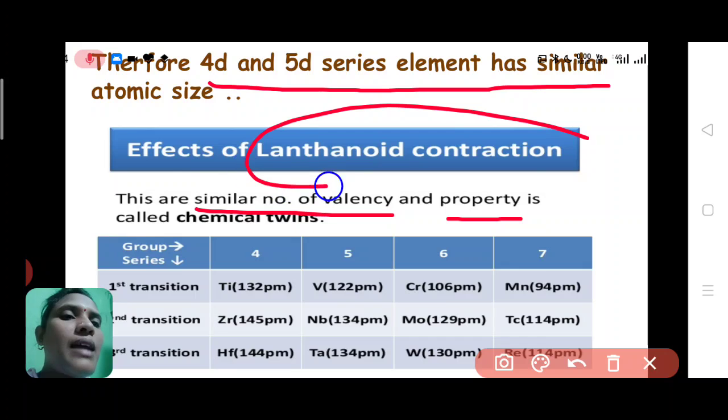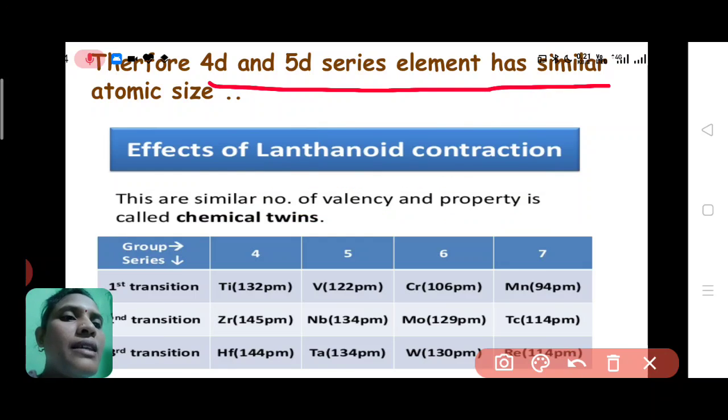What is that? Lanthanoid contraction. Due to this lanthanoid contraction, the elements of 4D and 5D series have similar valency.